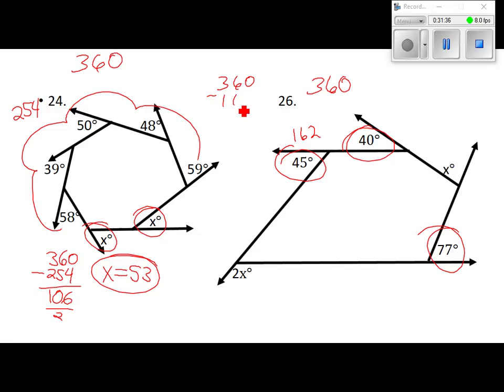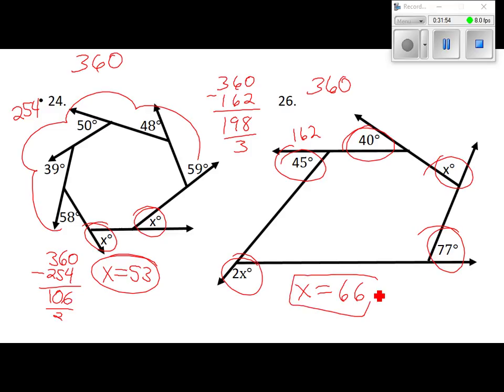Subtract. What's that give us? 198. Now be careful on this one. How many x's do we have? 3x, so we divide by 3. 66. Yep. Everybody agree with that?